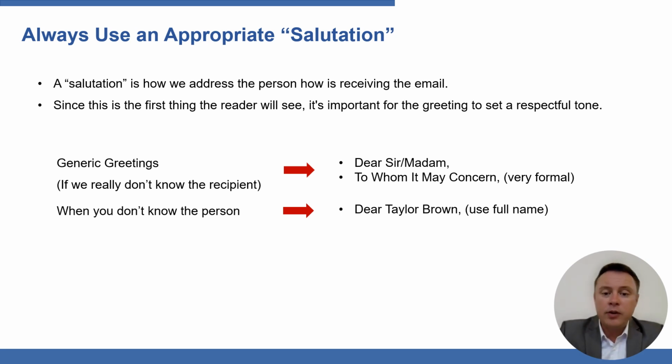You'll see there it says To whom it may concern. Now, To whom it may concern is very formal, and to be honest, if you write To whom it may concern at the top of your email, your response rate will probably be fairly low, because they don't know who you're writing to.